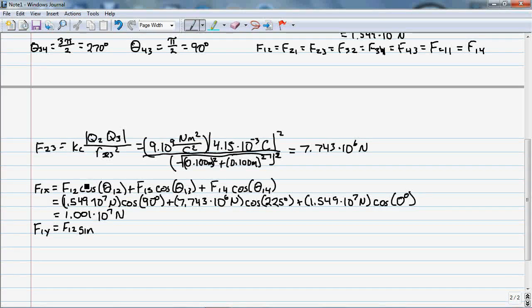So just remember, cosines go with x, sines go with y. So you see it's just a copy of the same formula for the x, just change all the cosines to sines.